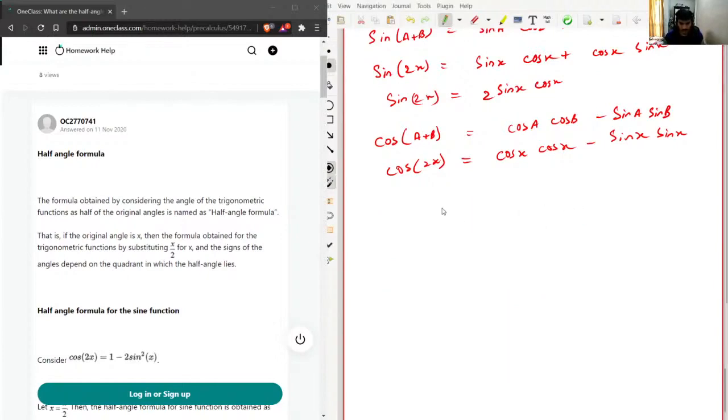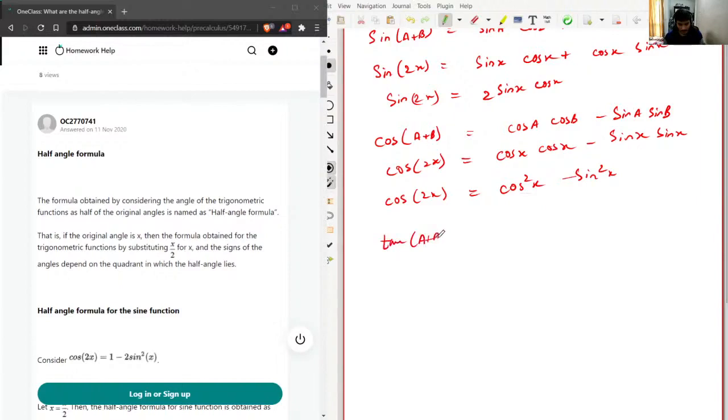So cosine 2x is cosine square x minus sine square x. And then you can use the property sine square plus cosine square equal to 1. You can solve it for cosine square, then you can solve it for sine square and put the value of those terms here, so you will get the other two formulas.